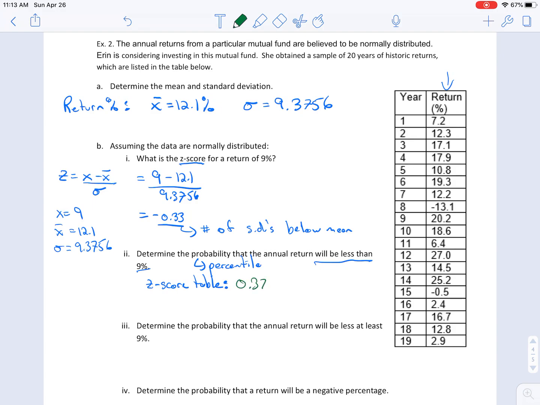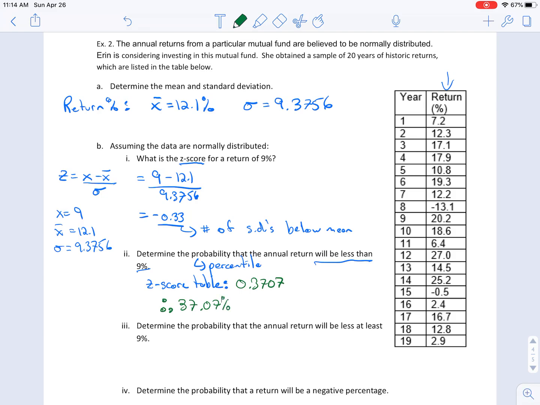So I get a percentile of 0.3707. So that's the proportion of data that are below 9%.